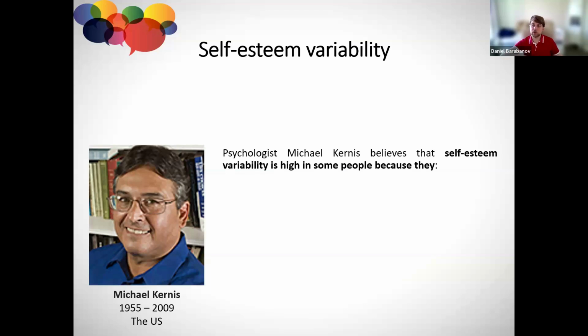Some people experience those roller coasters in their self-esteem because of several factors, right? Some people have very firm self-esteem, which doesn't change much even after different life events, positive and negative. But some people experience this roller coaster, where their self-esteem fluctuates within a huge range.